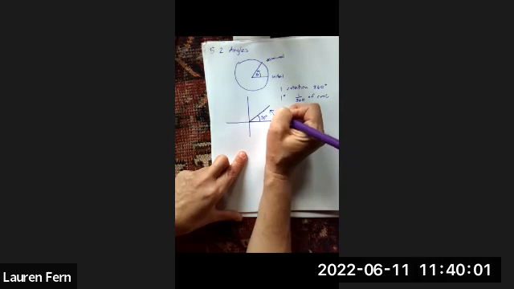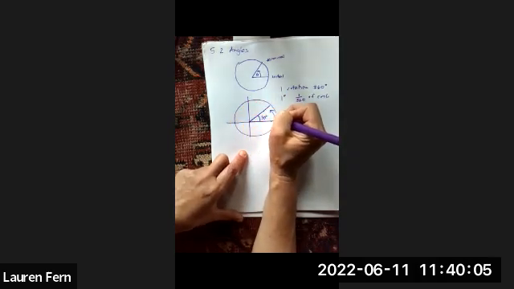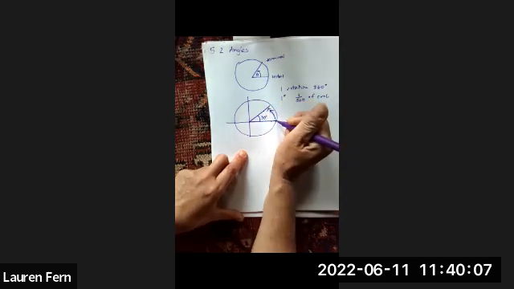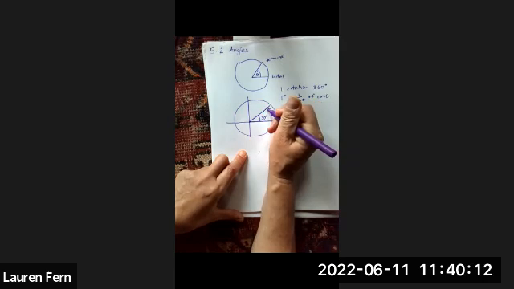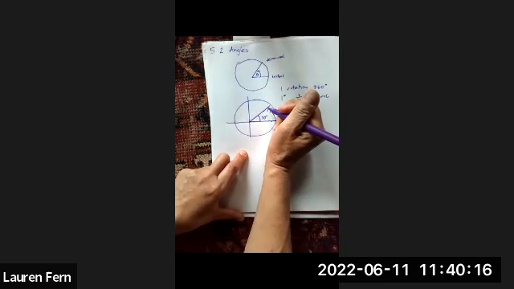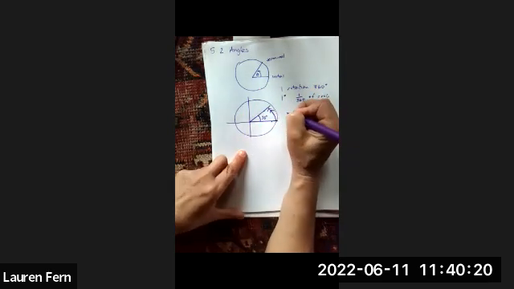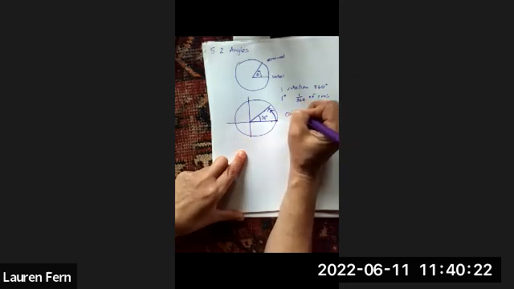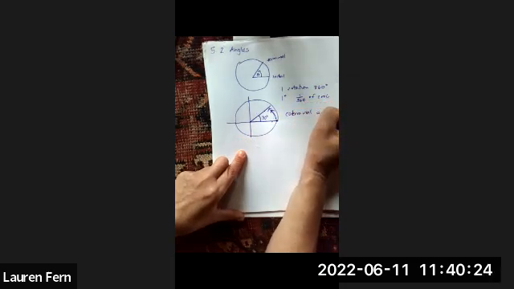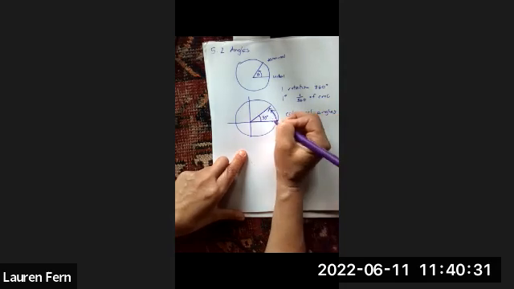But I can also go around the circle and then stop right there. Notice I have the same initial side and the same terminal side, but I've gone around the circle once and then ended up at the same point. These are called coterminal angles.